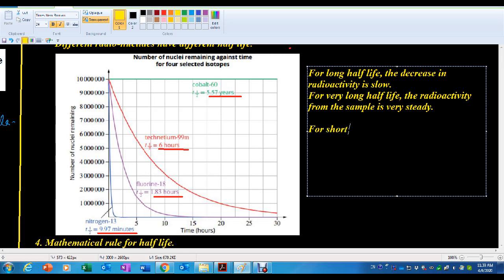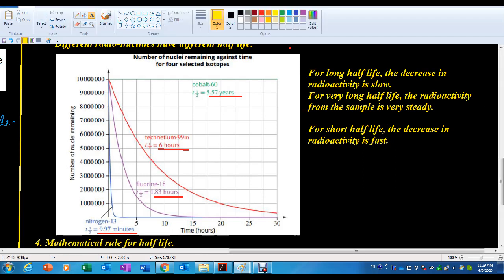For short half-life, the decrease in rate is faster. Okay, so that would be the idea.